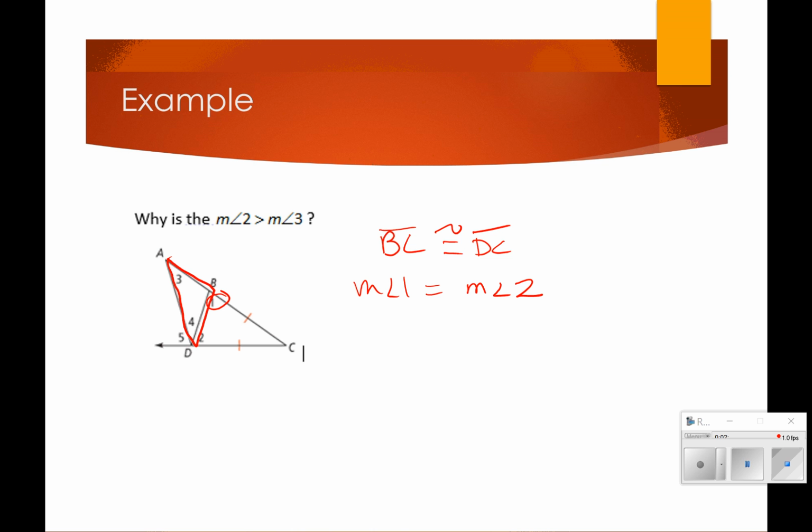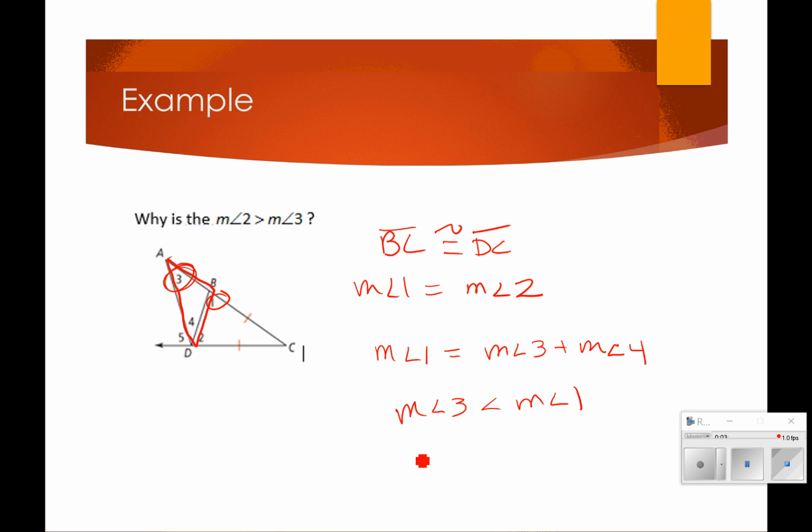Therefore, we know that the measure of angle 1 is going to be equal to the measure of angle 3 plus the measure of angle 4. Now angle 3 is a remote interior angle, so angle 3 is going to be less than angle 1, and we just had that theorem.